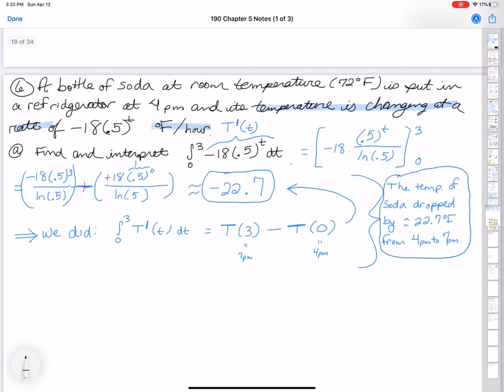And in some ways, this could have maybe been the whole question, and then it would have required that we went back and did part A first. So now suppose we were asked, what's the temperature of that bottle of soda at 7 p.m.? If we were asked that question, we might want to first think about, well, what was the temperature drop?